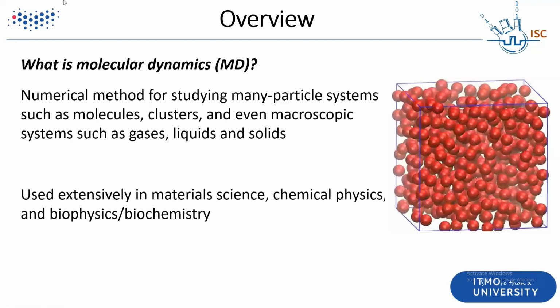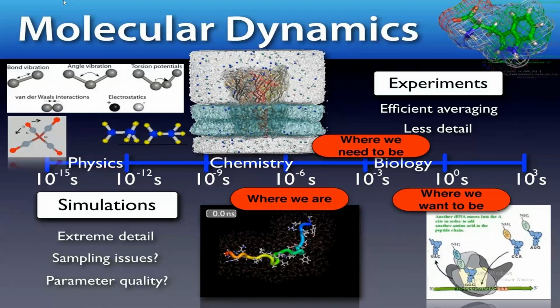Until now, people tried to simulate also huge systems like the viruses, and they actually succeeded. So here, this is the overview on the molecular dynamics and kind of where we are now and what we did in the past. So what we can expect in the future.